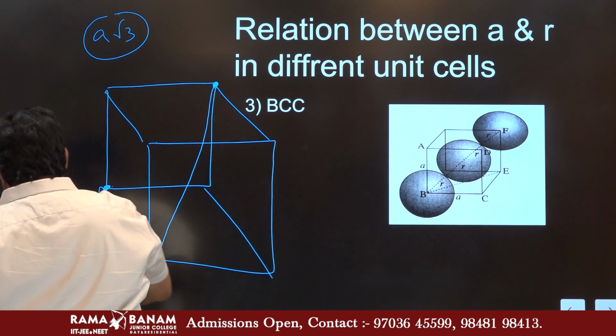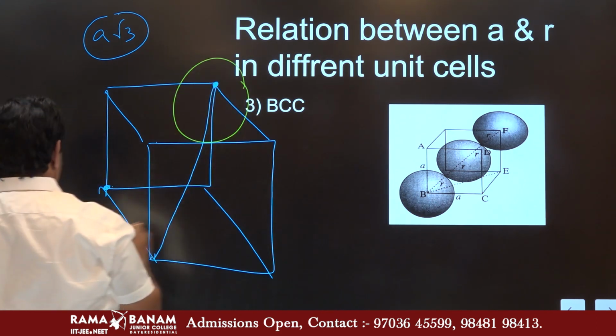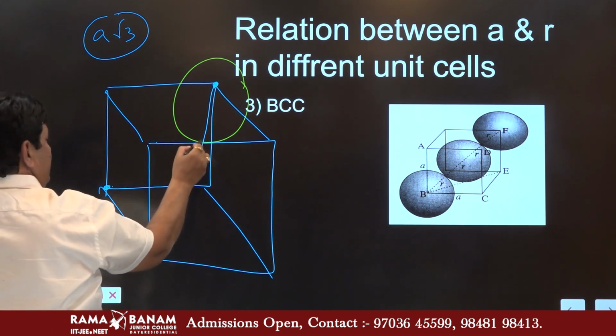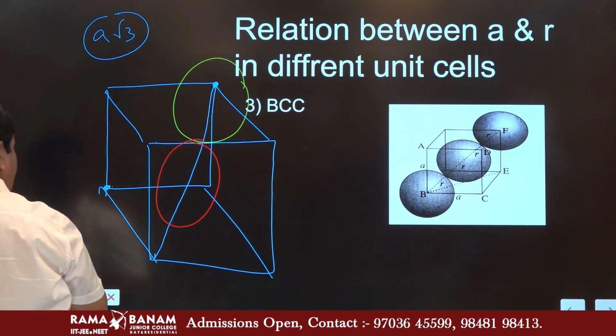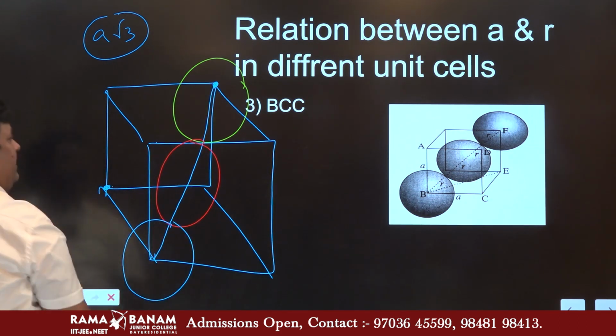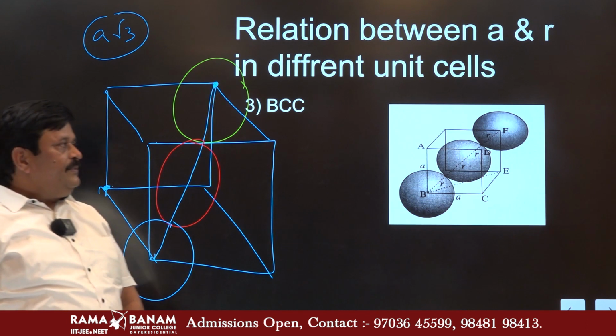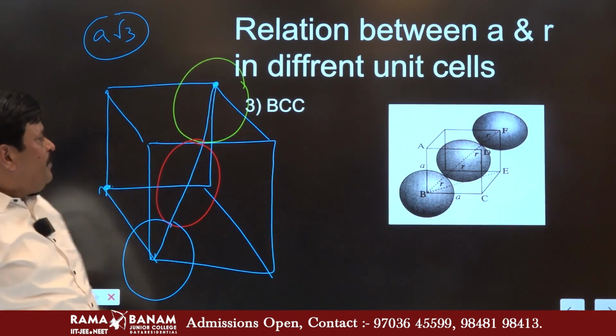Now how do particles touch each other? Just see, this is one particle, this is another particle, and this is the third particle. See, in this diagram it is clearly shown.